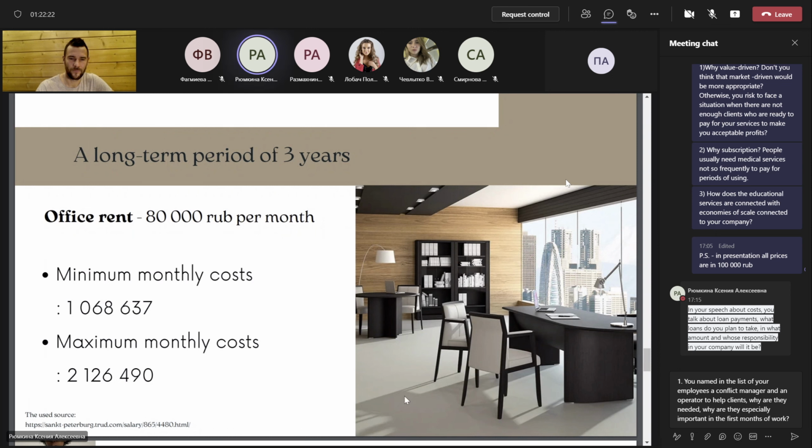This result is for a long-term period of 3 years.